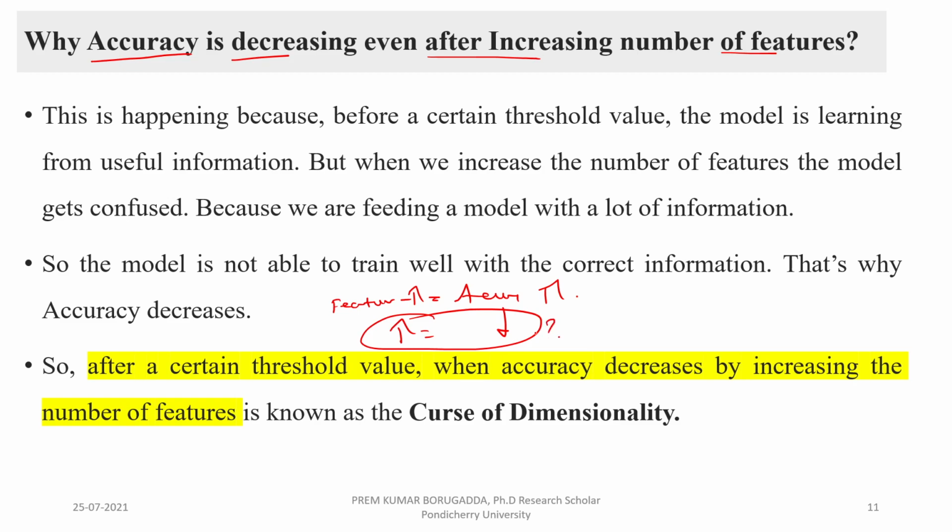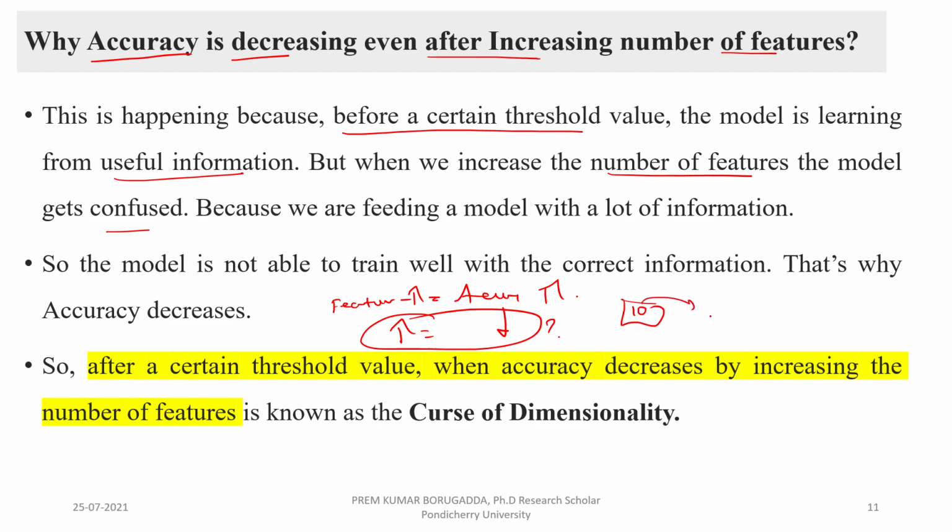Why? Before the threshold value, the model is learning from the information very well, but when we increase the number of features beyond it, the model gets confused.